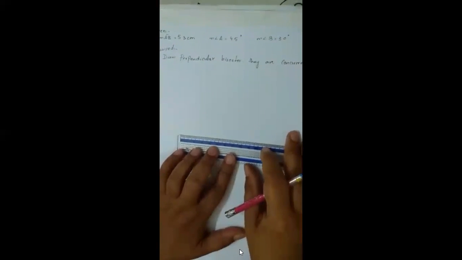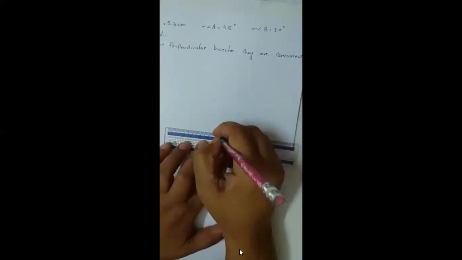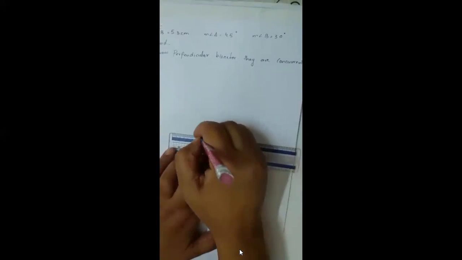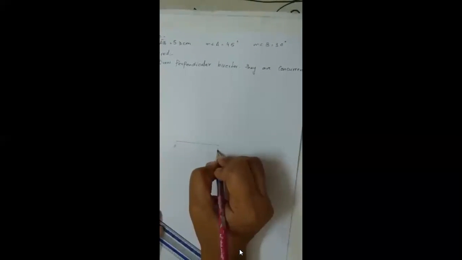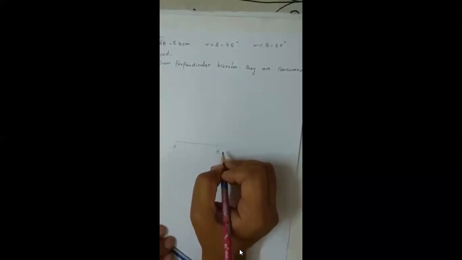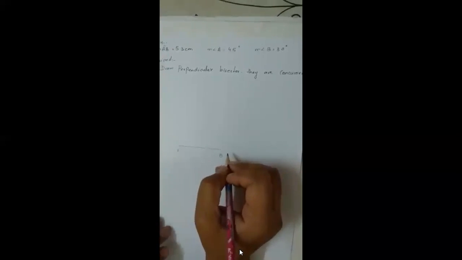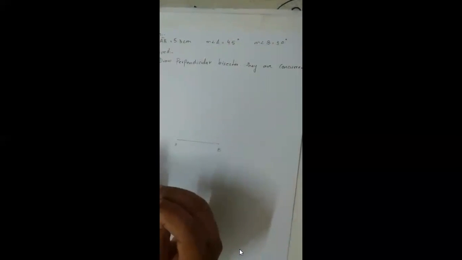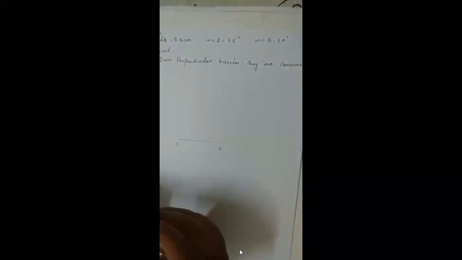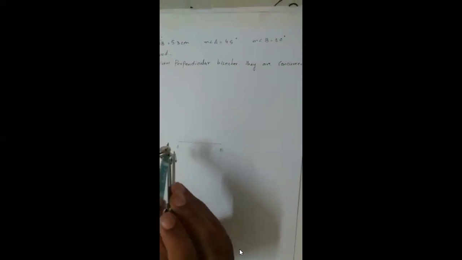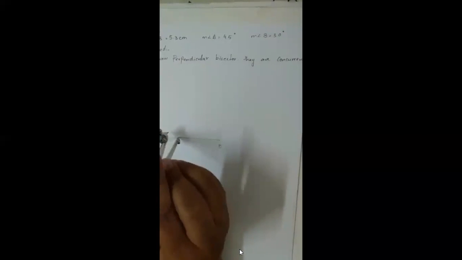The first part is 5.3 centimeters. We draw the side AB of 5.3, with points A and B. Two angles are given: at point B 30 degrees and at point A 45 degrees. For 45 degrees we need the angle of 90, and for 30 degrees we need the angle of 60 degrees. Because we bisect the angle of 90, we get 45.